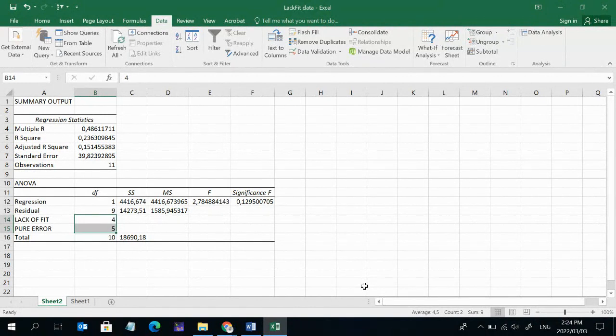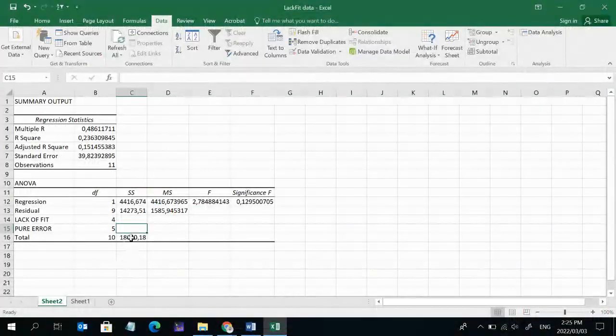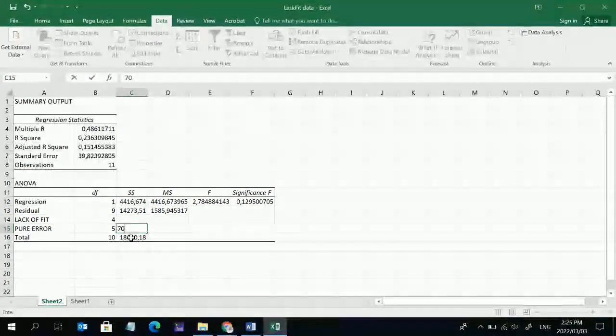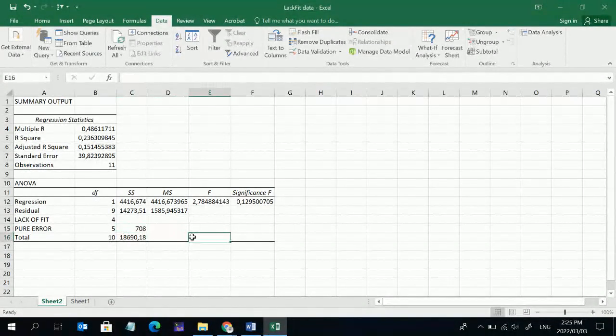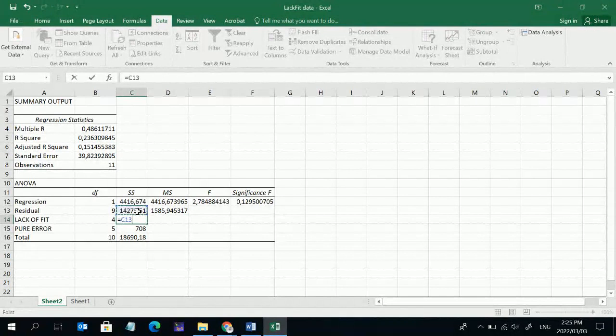We have calculated the SS2 error. I'm going to take that value from here. We calculated the SS2 error and it's 708. So 708 is the SS2 error. And the SS lack of fit is going to be the SSE minus SS2 error.